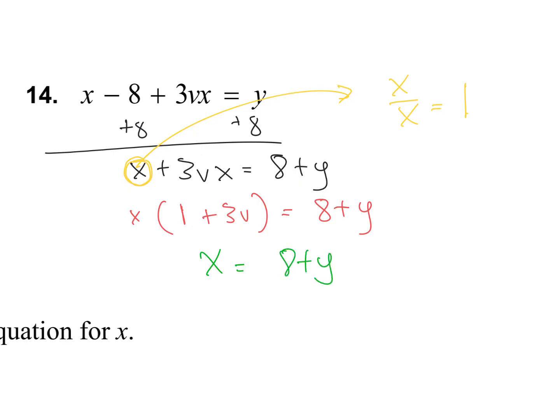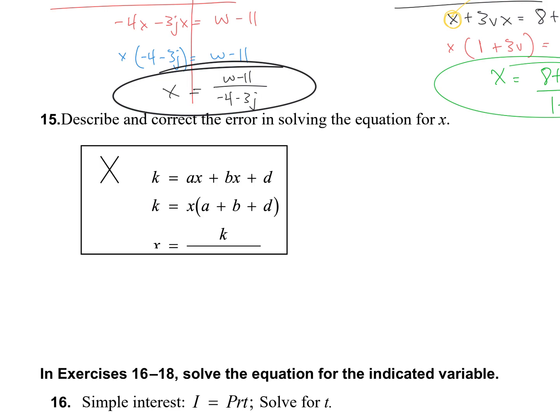So somebody made an error. We got to find it. So we have k equals ax plus bx plus d, and they factored out an x from this entire side. Well, they can't have done that because this guy doesn't have an x. So that's the error. Now let's fix it.